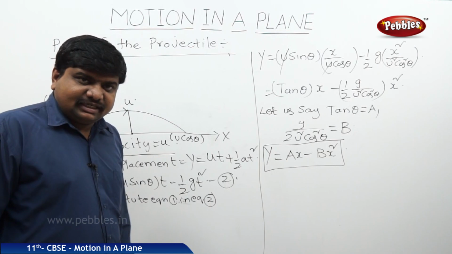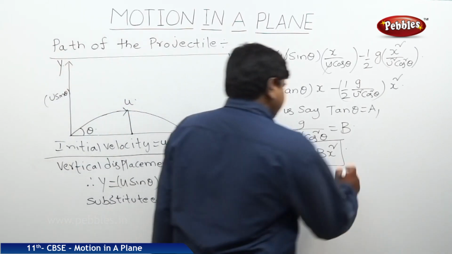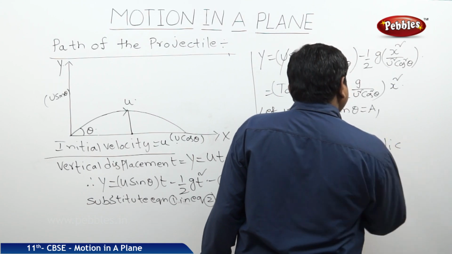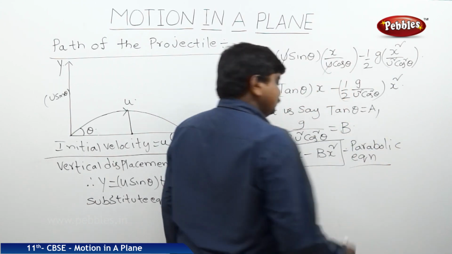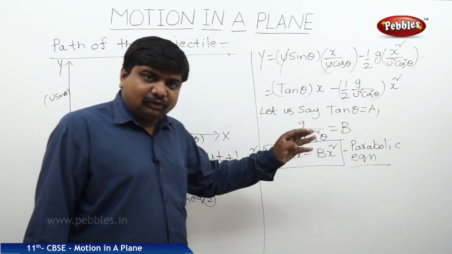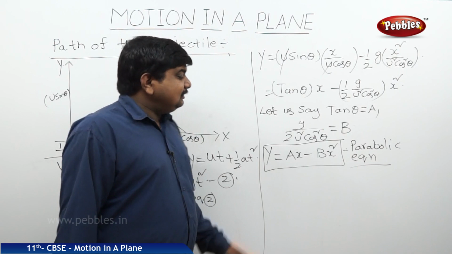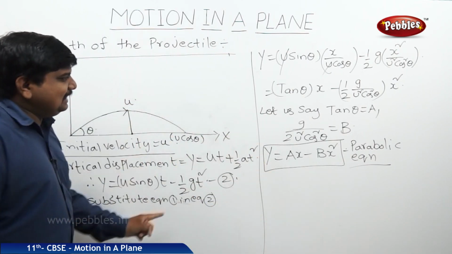This equation represents a parabola, or this is a parabolic equation. This is the standard equation for a parabola. So parabolic equation it is. So what we can say, the trajectory of a projectile is a parabola.